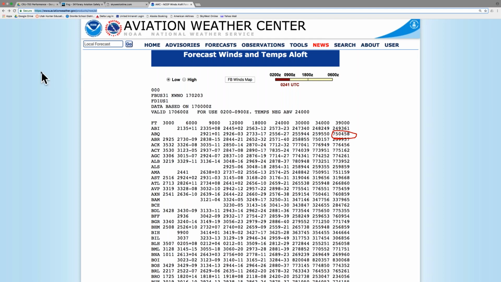So everybody wrote down the wind direction, wind speed, and the temperature thing that I wrote down, right? Correct. Okay, so nothing changes with this.